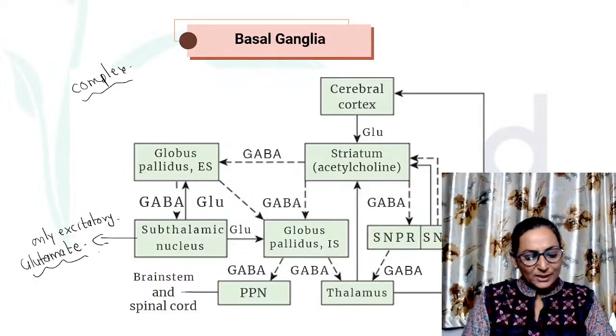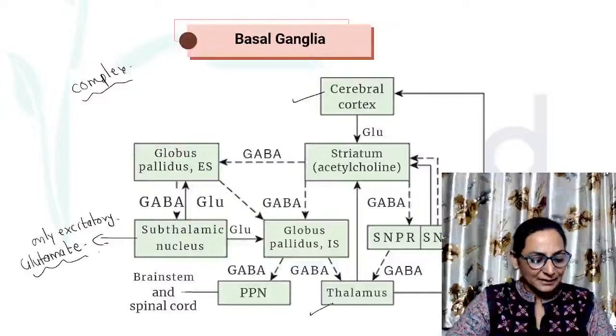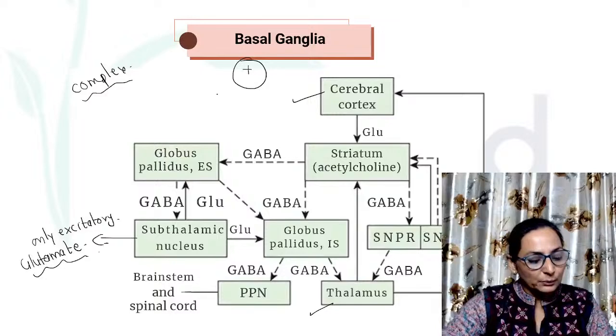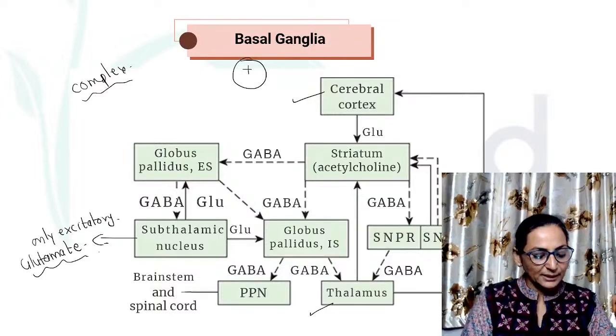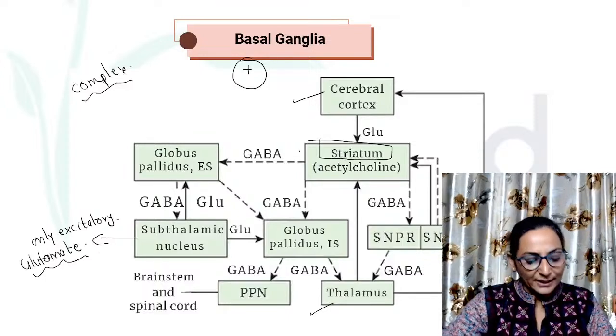All the rest of the neurotransmitters present here are inhibitory. And the inputs from the thalamus which come to the basal ganglia are always excitatory.